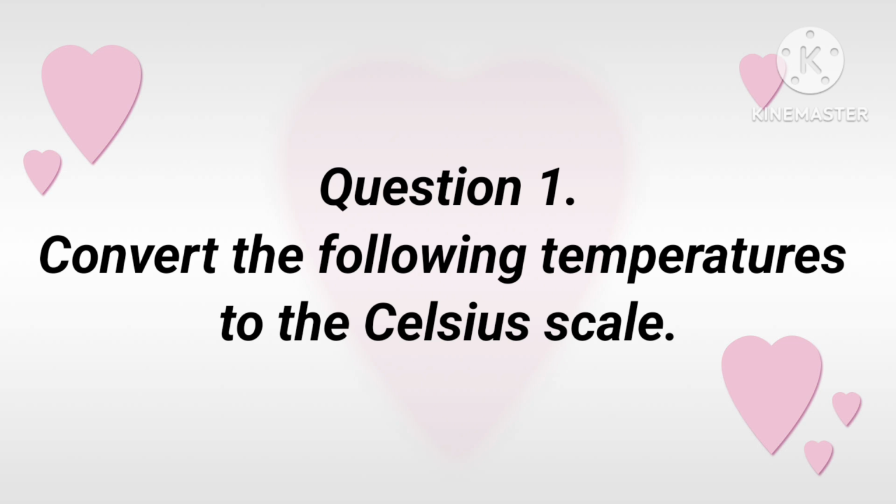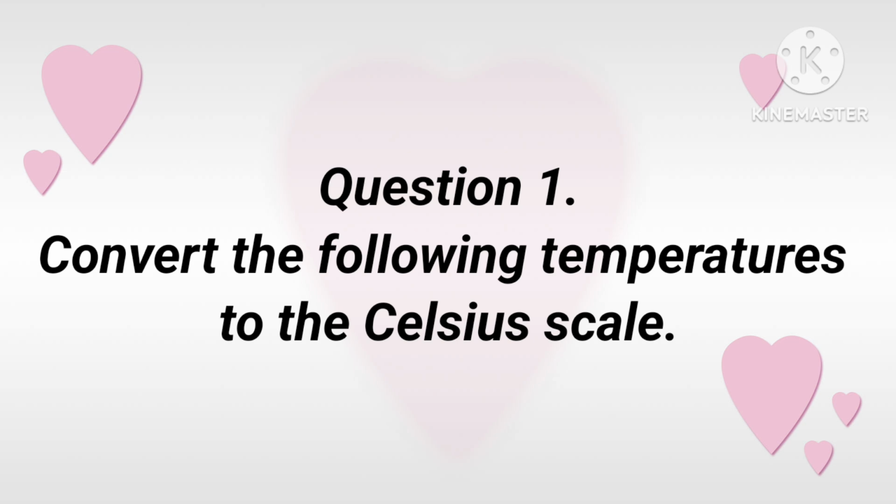First question: convert the following temperature to the Celsius scale. It is one of the important questions. You have to understand the question and convert the temperature into the Celsius scale.